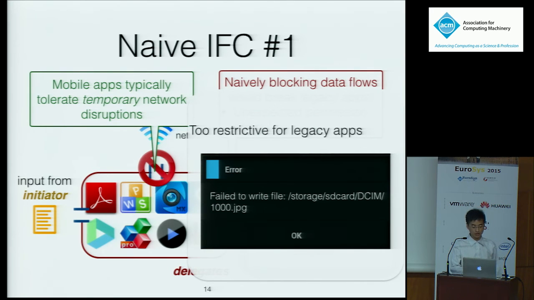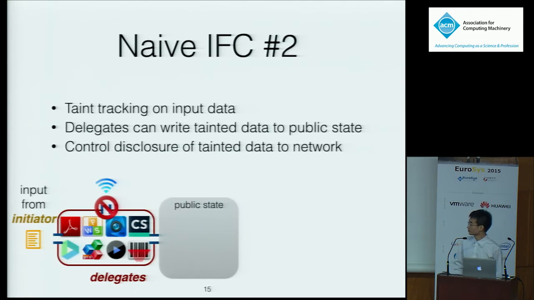To avoid this problem, we might try a different approach where the system performs taint tracking on the input data, and delegates are still allowed to write tainted data to the public state. Here, we use the orange dots to represent tainted data. And the system disallows any app to write tainted data to the network.